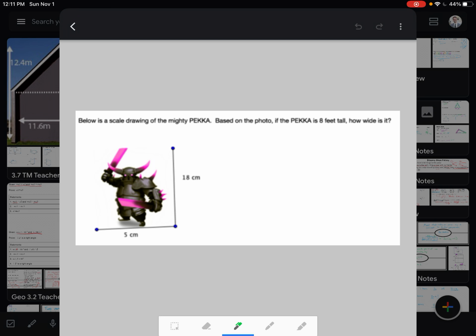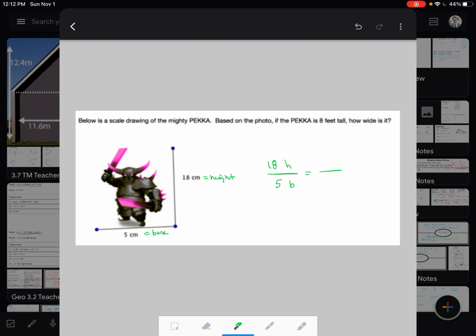A second type of question to get us started. Again, we have a photo, and the photo is obviously smaller than the real image here, so our monster that we are trying to see how big it would be based off of this photo, length and width-wise. We want to set that up. Maybe we'll call this our base, and this is our height. Again, we can set that up in our proportion.